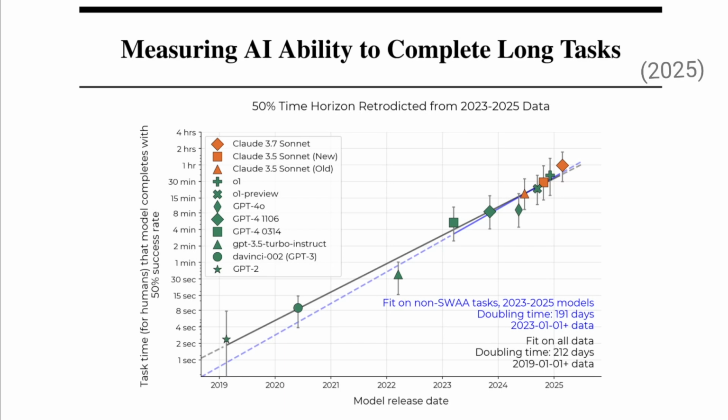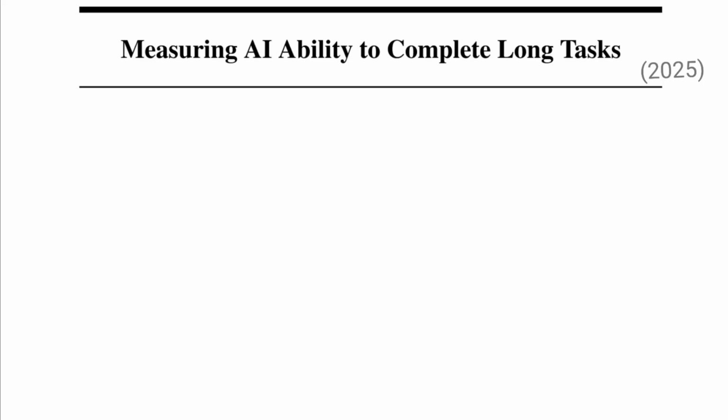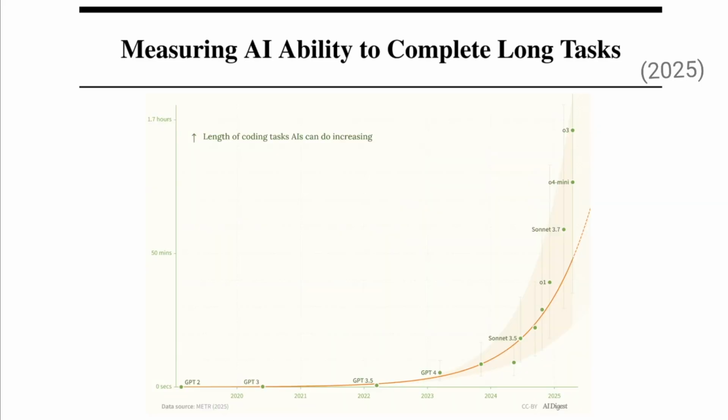But this graph here maybe doesn't accurately convey what this exponential growth looks like, whereas this one does. So this is by AI Digest. They make really nice graphics to explain these kinds of concepts. And again, we have plotted here different models, and then we have fit through them the curve of how the time horizon of the model changes as a function of time. And we can see this exponential growth at the end here.